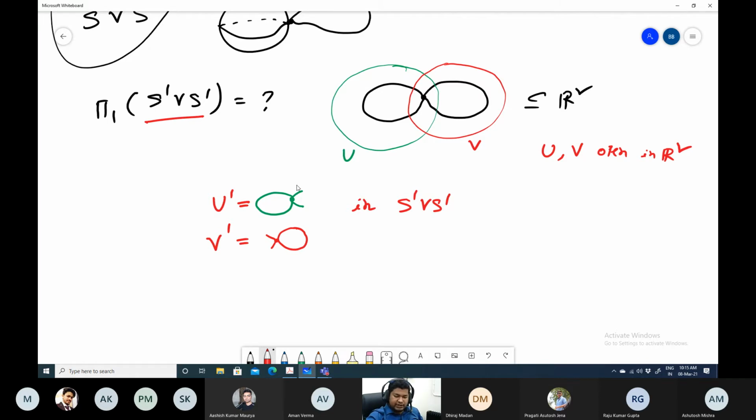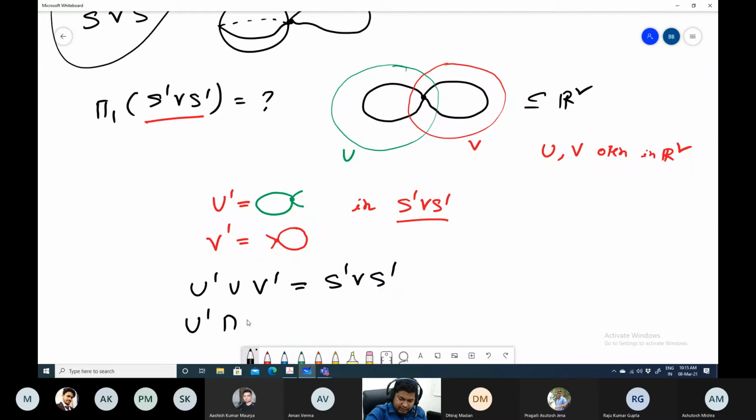So we have taken those open sets intersected with S1 wedge S1; the open sets will be this and this. Now U dash union V dash will be the whole space.